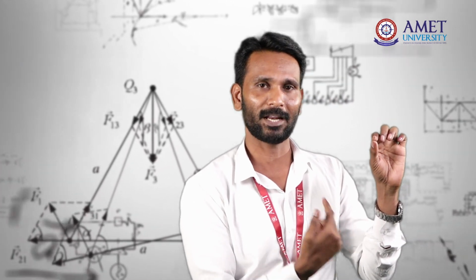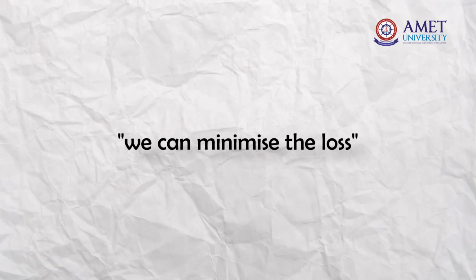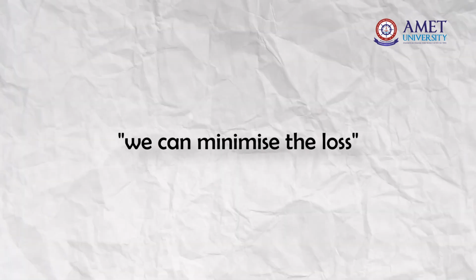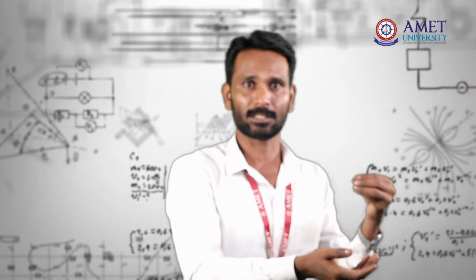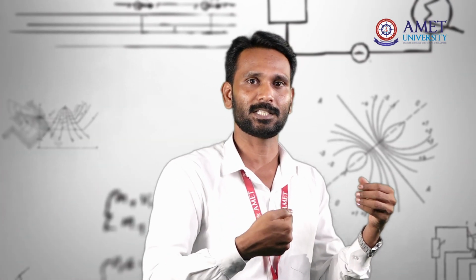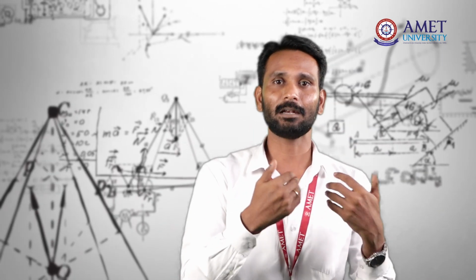To make the primary coil and the secondary coil, we are using wire, right? We know how thickness is connected to resistance. If the wire is very thin, the resistance will be more. If the thickness is high, the resistance will be low. So if we use thicker wire to make the primary and secondary coils, we can minimize these copper or ohmic losses. The current flowing through the coils leads to Joule's heating effect. Due to the high resistance, it produces heat energy, which takes away some of the energy. So if we use considerably thicker wire, we can minimize this kind of loss.